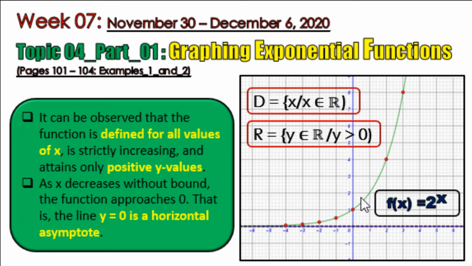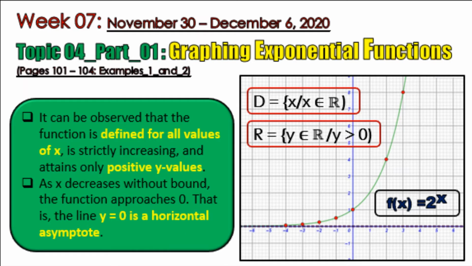And the line y equals 0 is a horizontal asymptote. This is the line being approached by the graph, but it will never intersect. So the equation of this line is y equals 0, and therefore this is the horizontal asymptote.